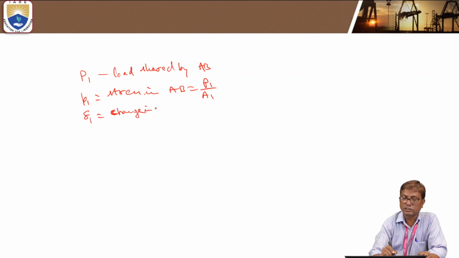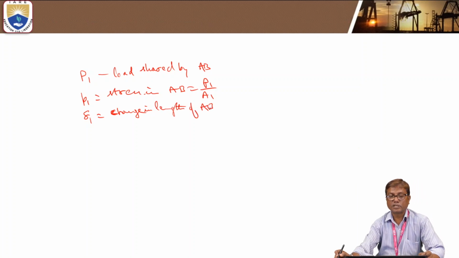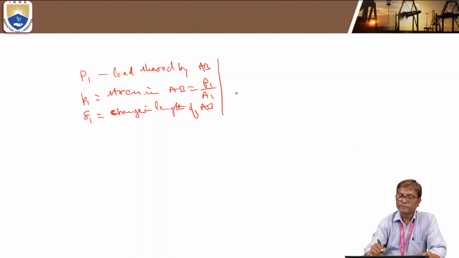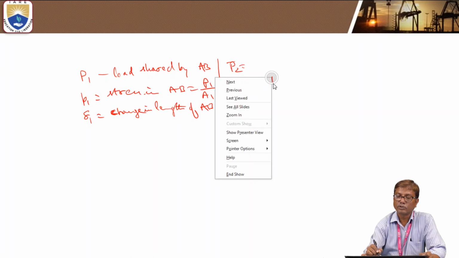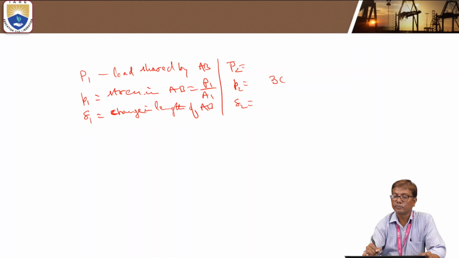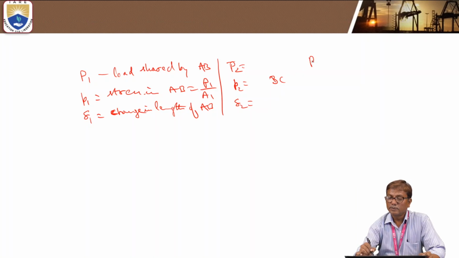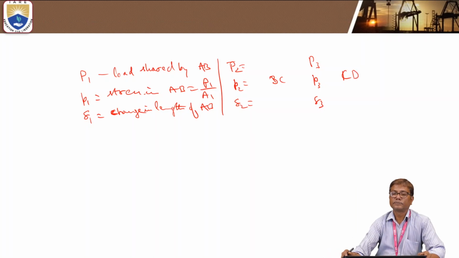It may be a decrease or increase. Similarly, let capital P2, small p2 and delta 2 be the corresponding values in portion BC, and P3, small p3 and delta 3 the corresponding values in portion CD.